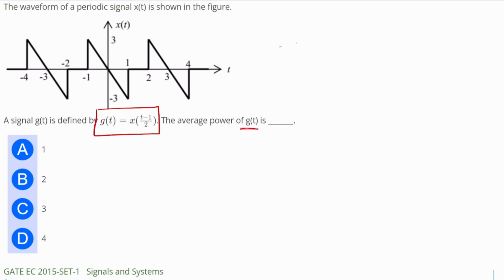and they are asking us the average power of g(t). So in order to find the average power of g(t), let's first study the signal x(t), because we have to shift as well as scale this signal, right? Since x(t) is periodic, it is repeating itself after every 3 interval.